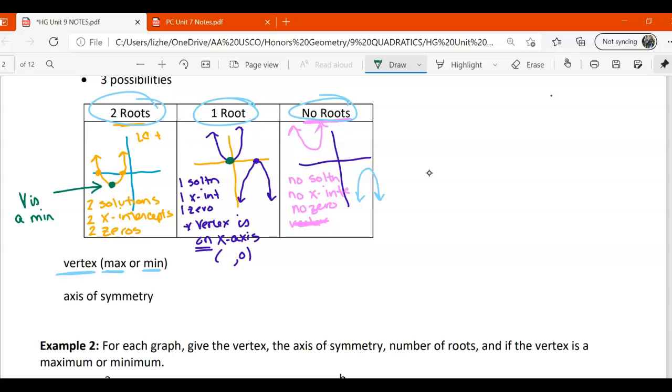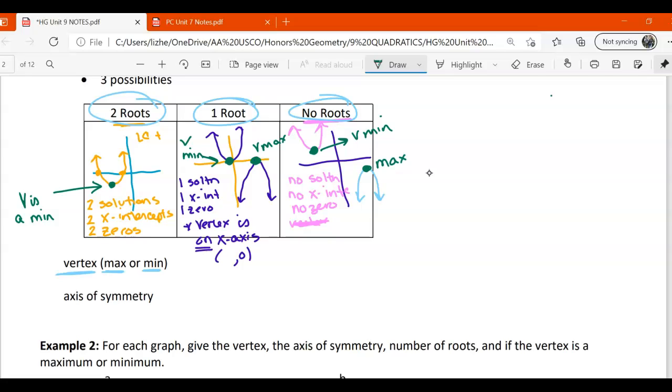This vertex is also a minimum. Every other point on the graph is above it. But this vertex is a maximum because every other point on the graph is below it. This vertex is a minimum, and this vertex is a maximum. And so the vertex is either the max or the min of the graph.